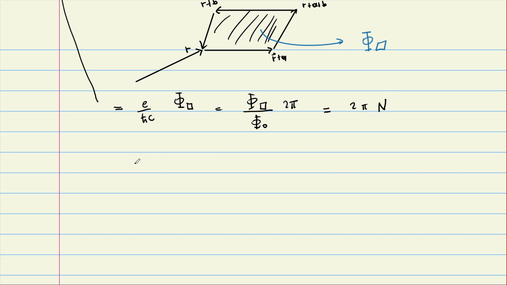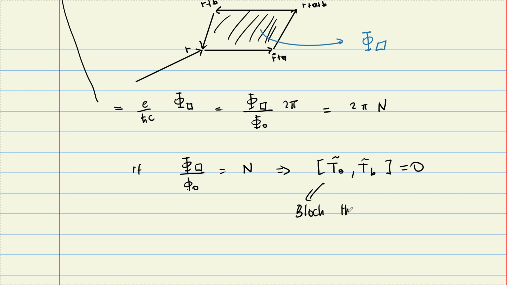Then the conclusion is, if flux over flux quantum is an integer, then Ta tilde and Tb tilde commute. And now there is nothing else. Once you show that, you can apply Bloch theorem and you are done.